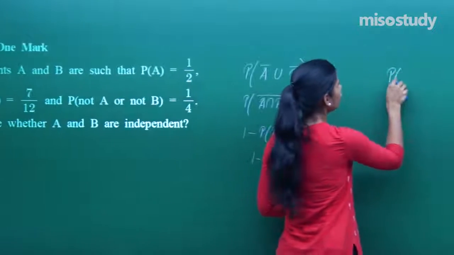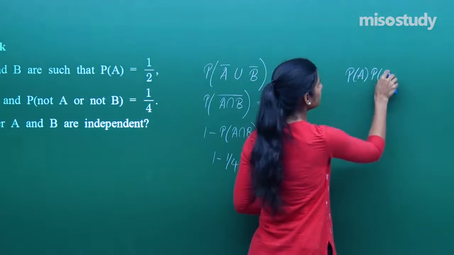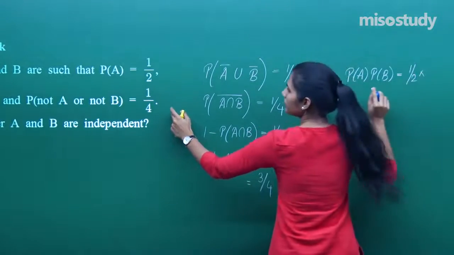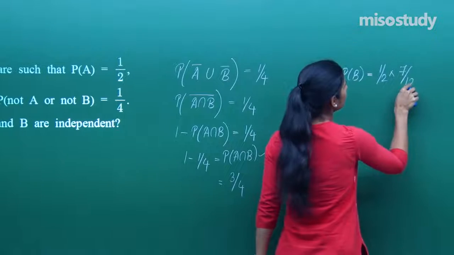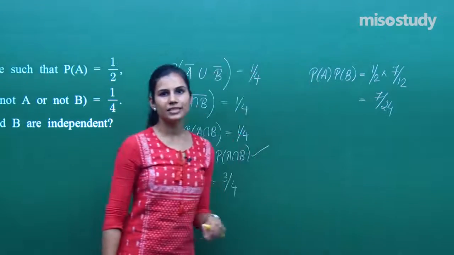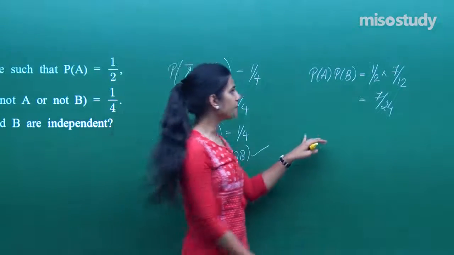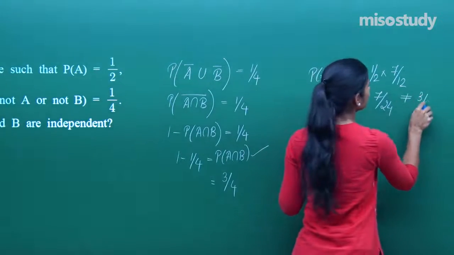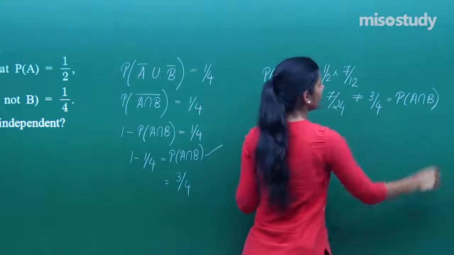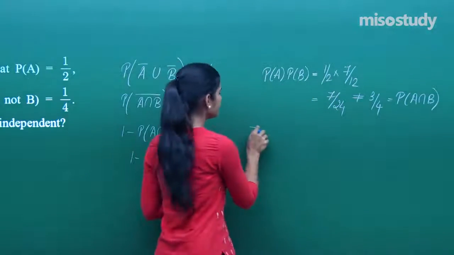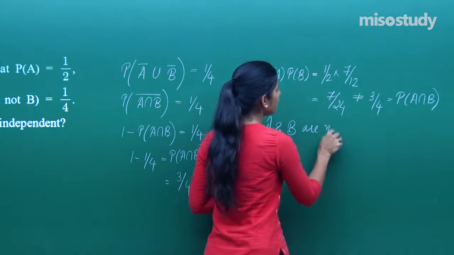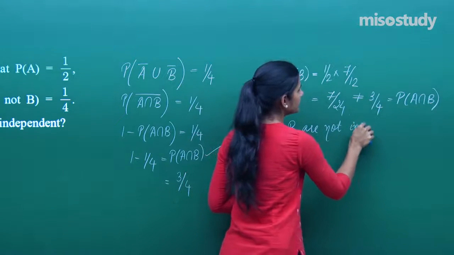What about probability of A into probability of B? Probability of A is given to be half. Probability of B is 7 by 12. So you get 7 by 24 as the product of the individual probabilities of A and B, which is not equal to 3 by 4, which is probability of simultaneous occurrence of A and B. And thus, A and B fail to be independent events.